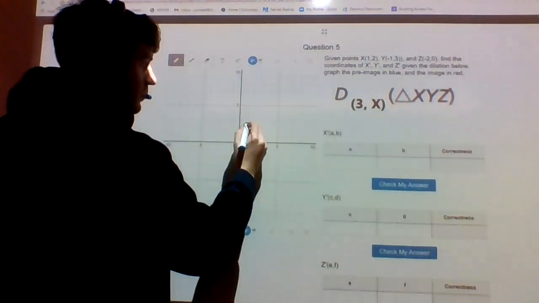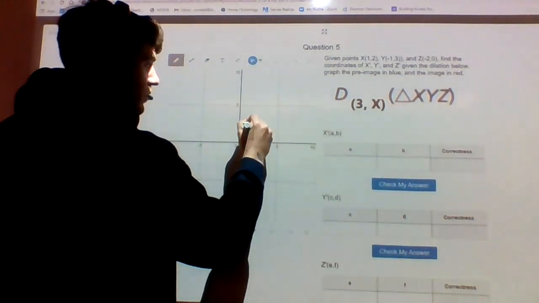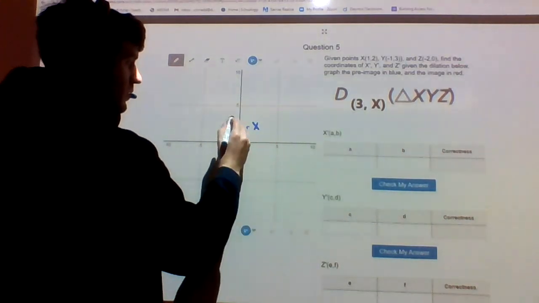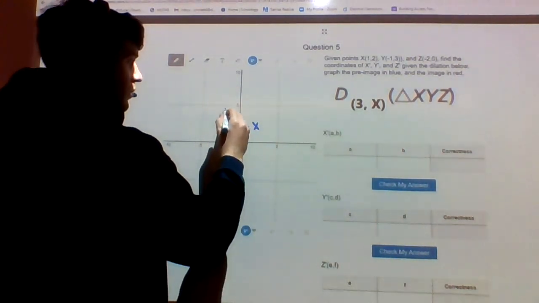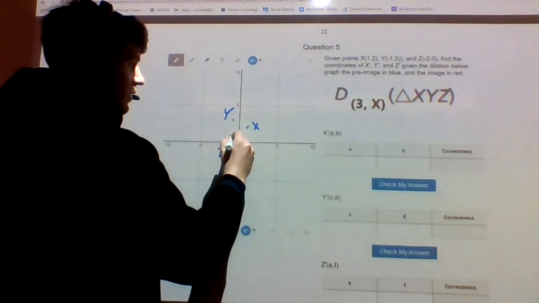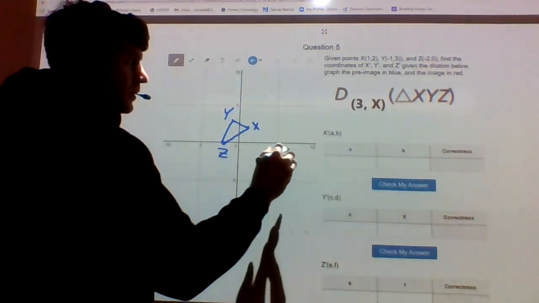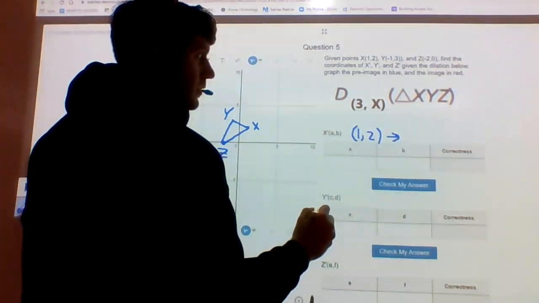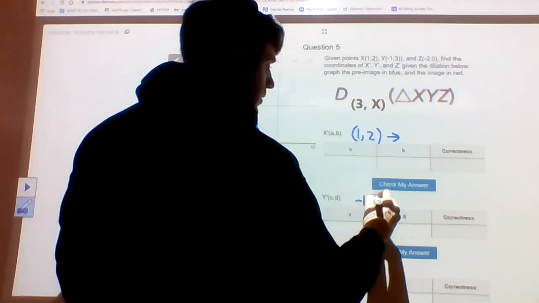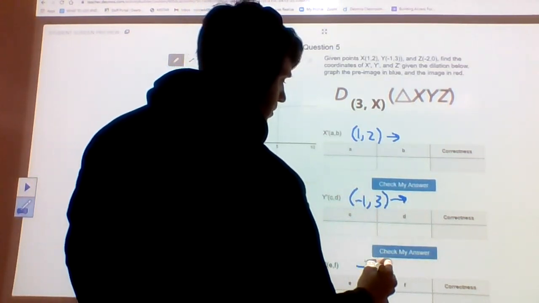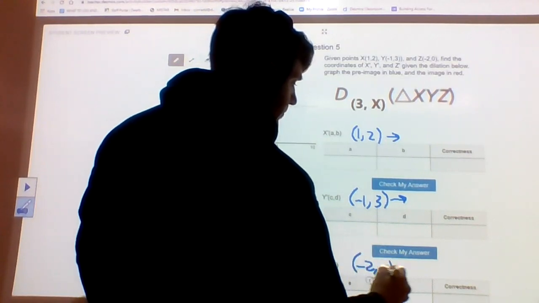So 1, 2, x, y. Okay, so we have 1, 2, negative 1, 3, and negative 2, 0.